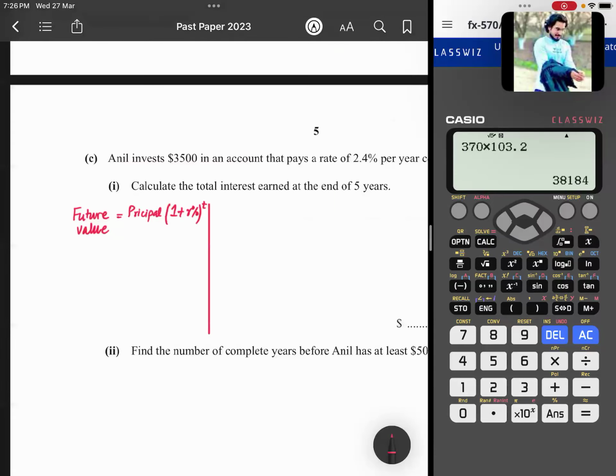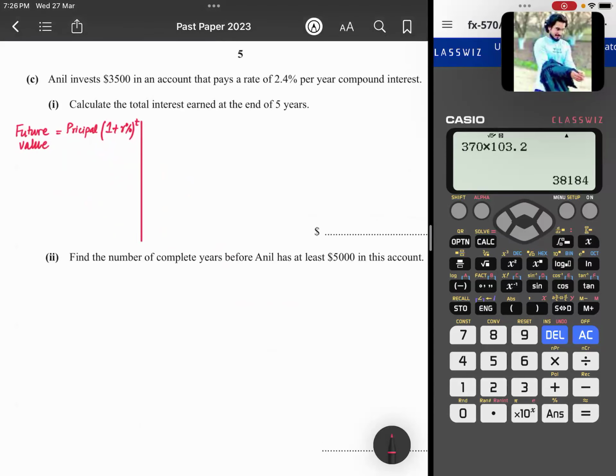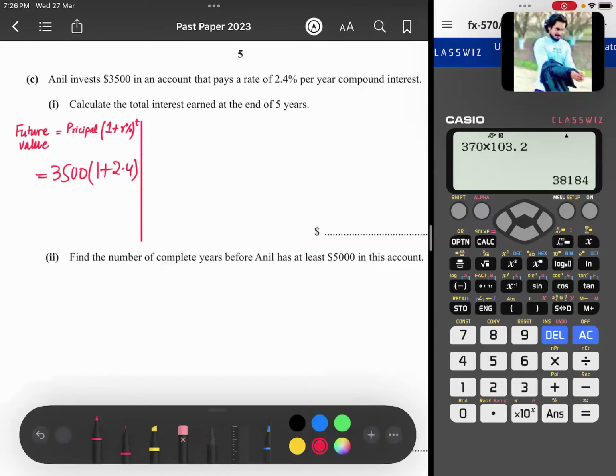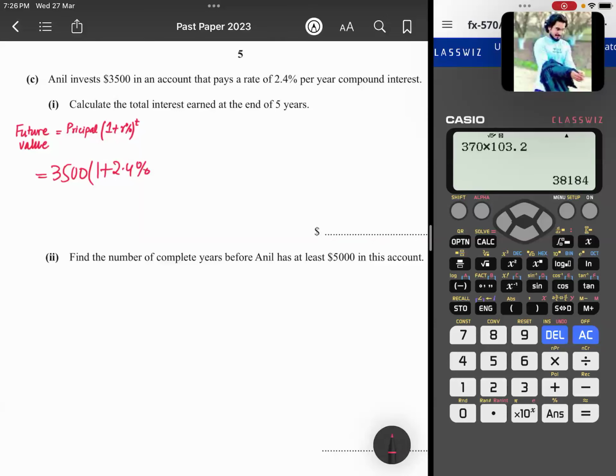That is compound interest or exponential increase. He's investing $3,500, and r percent is 2.4%. The time is 5 years. Let's see what the future value is here.